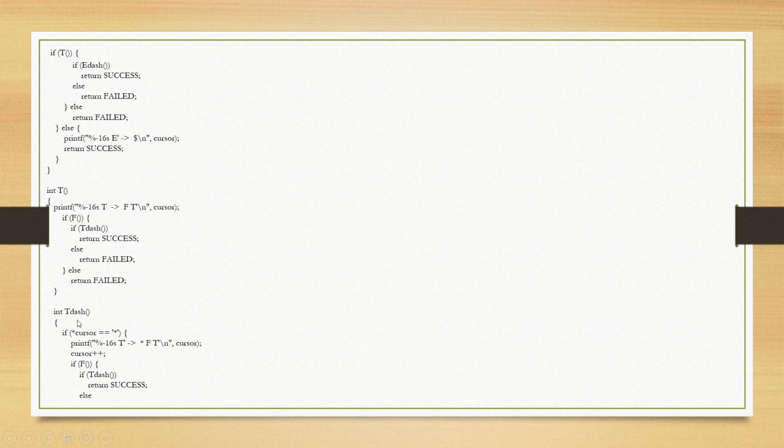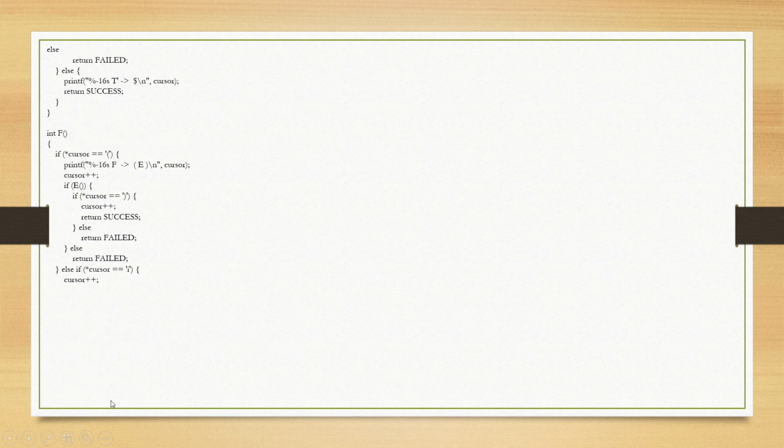Next is the T dash value, where the cursor will be equal to the multiplication, and this is the printf statement, and after printing the statement, the cursor will be incremented, where it will be equal to the next variable, that is the F variable. If T dash is equal to the printf statement, then it will return success, else it will return failed.